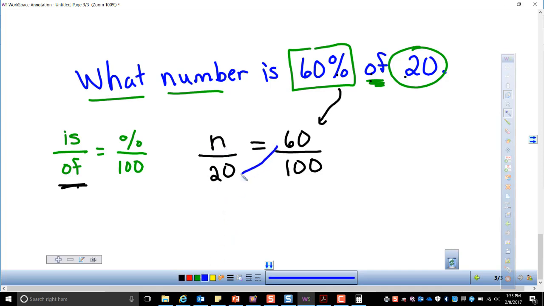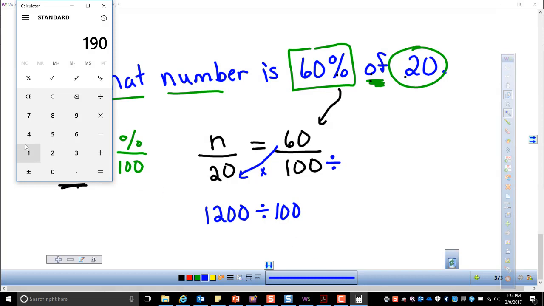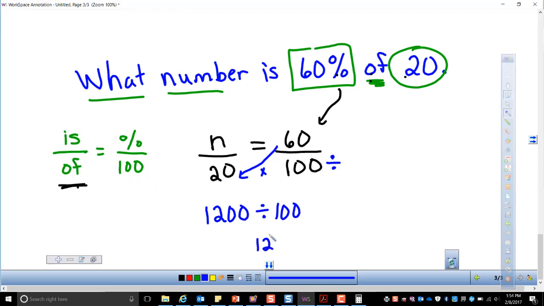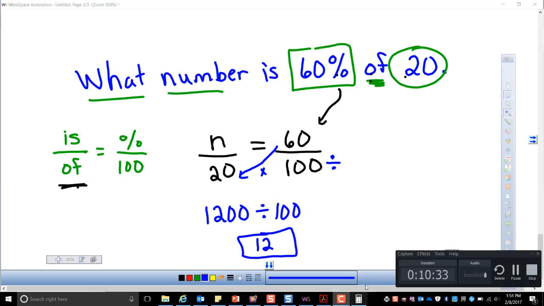And now I'm going to multiply here. 60 times 20 is 1,200. And then I'm going to divide by 100. So when I do that, you're going to use a calculator. So 1,200 divided by 100 is 12. My answer is 12. And that's a number, not a percent. Okay, so let's try one.